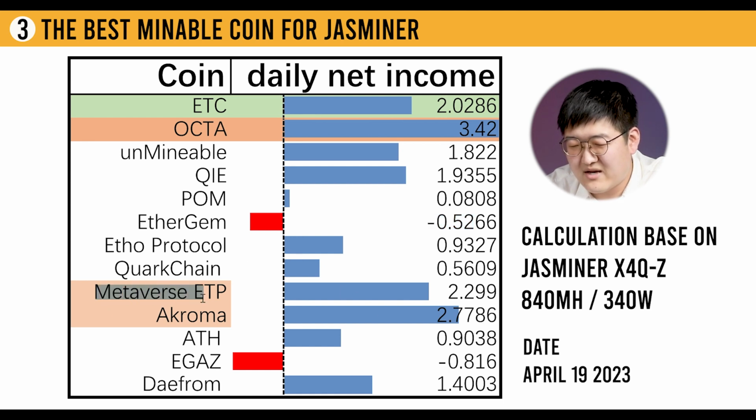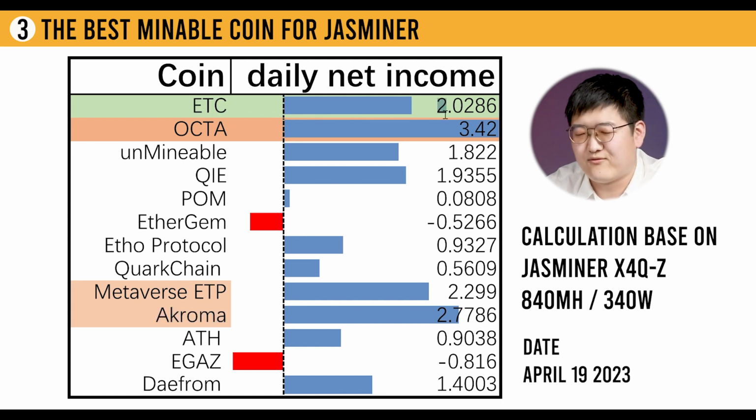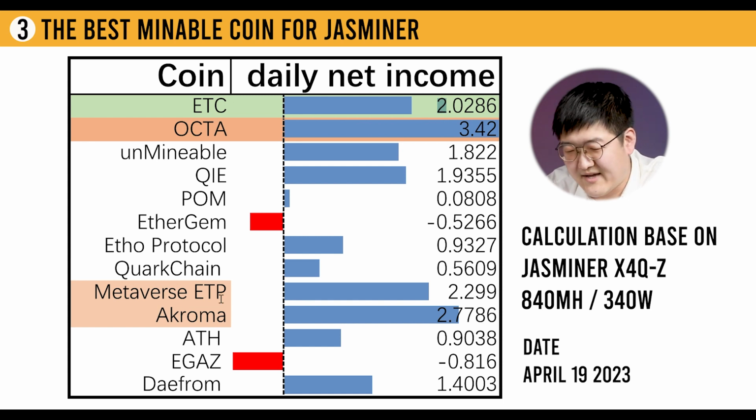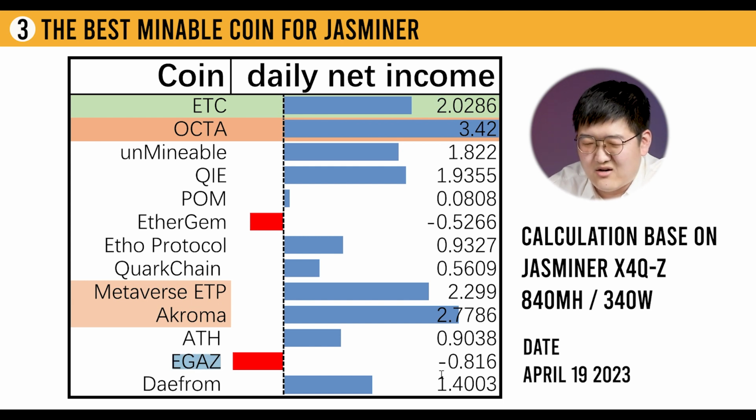And then Metaverse ETP and Akoma are earning over $2, higher than ETC. So maybe this is a great alternative for you to mine other than ETC, apart from OCTA. And then this EGAZ was quite popular. When I just noticed OCTA, the mining income of EGAZ was even higher.